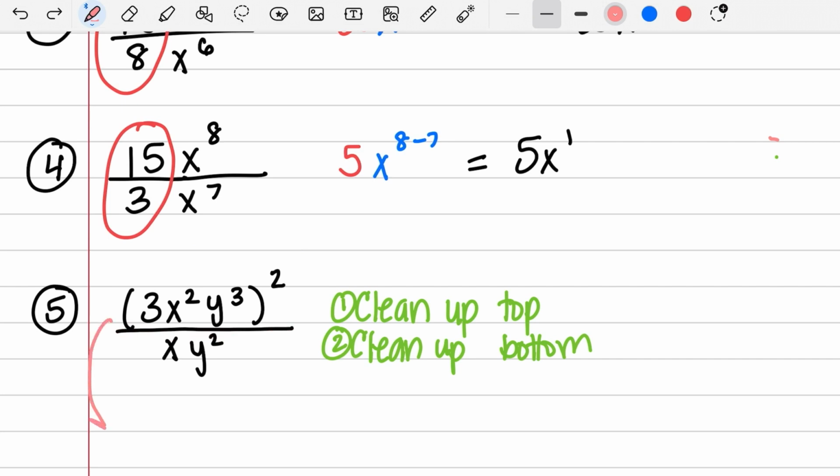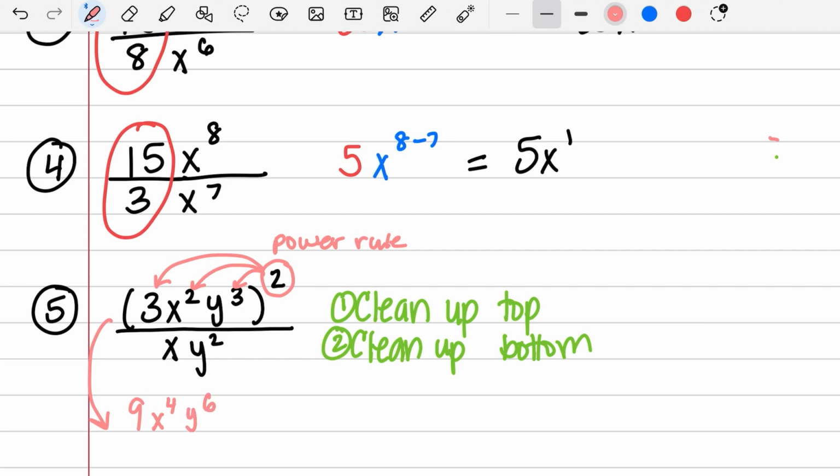I'm going to put a little arrow. Since we're raising everything to a power, we're going to use our power rule. Everything is going to be raised to the power, but only the top, because the parentheses are only for the top part. This becomes 9x^4y^6.